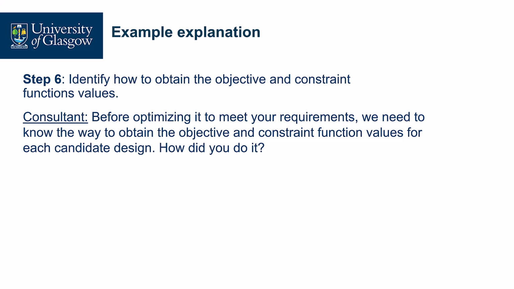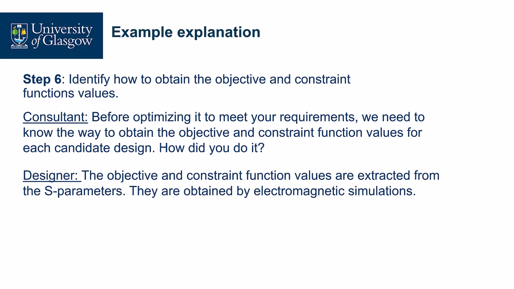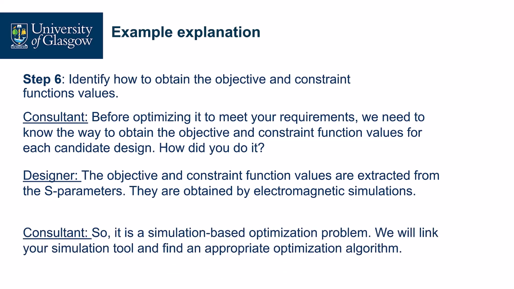So how can you do that? The designer says, okay, these values we extracted from the S parameters. To get the S parameters, we need electromagnetic simulations. Okay, then you can tell him, it's a simulation-based optimization problem, which widely appears in engineering. So we will link your simulation tool and find an appropriate optimization algorithm for you.